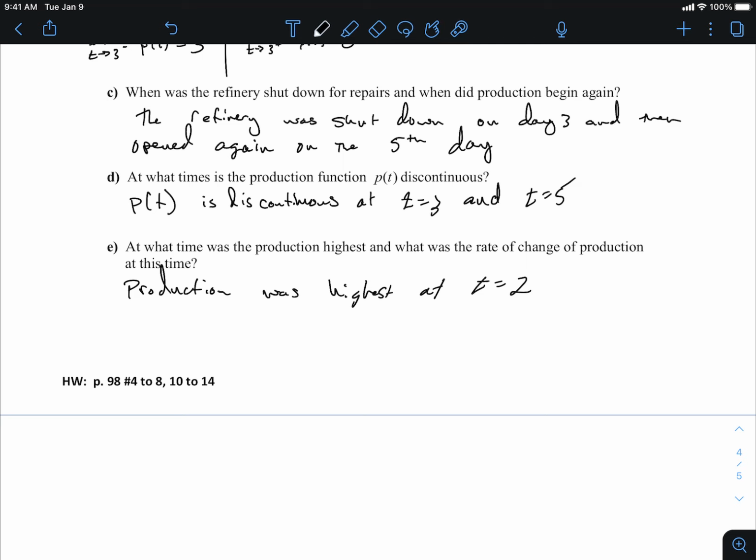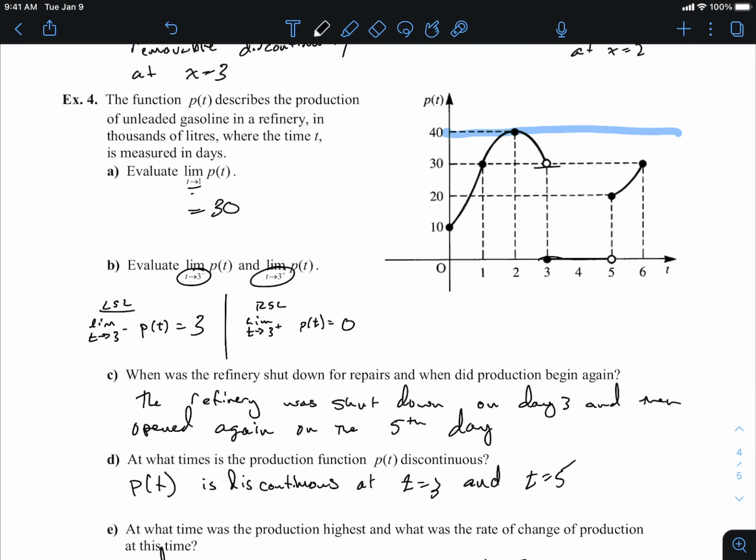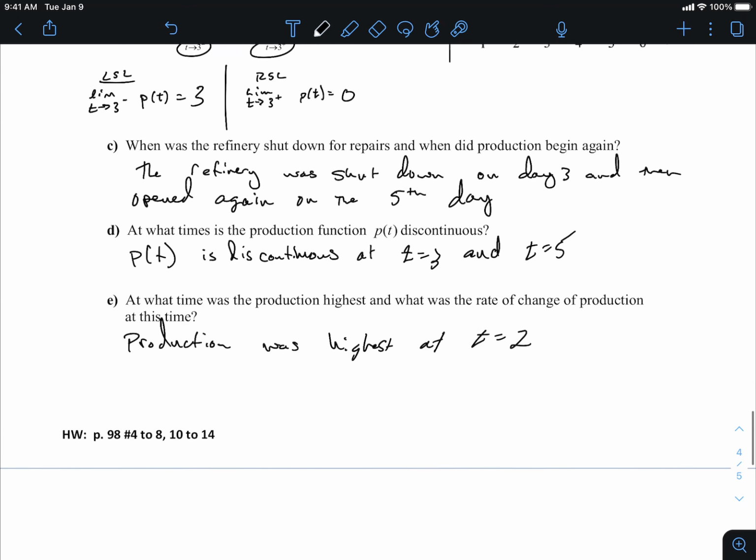Okay, but the catch here is, let's say we were provided with a P of T function and we applied our first principles, we would see that the slope of this line would come out to be 0. And that's consistent with some of the things you would have seen with quadratics, for instance, right?